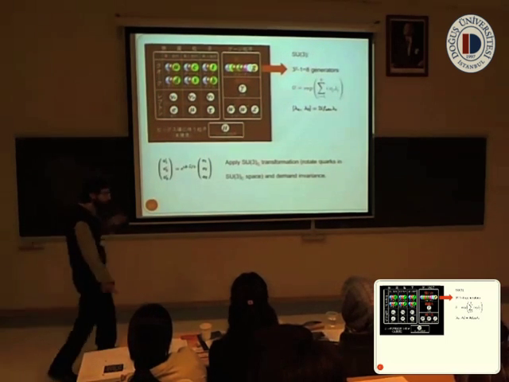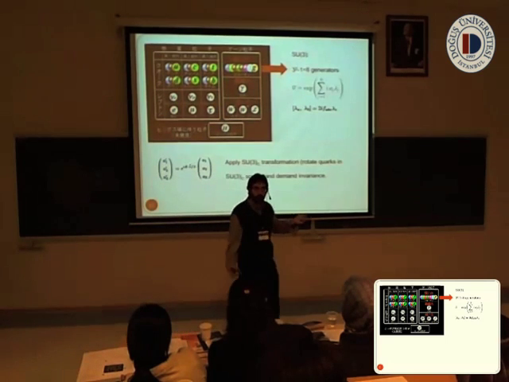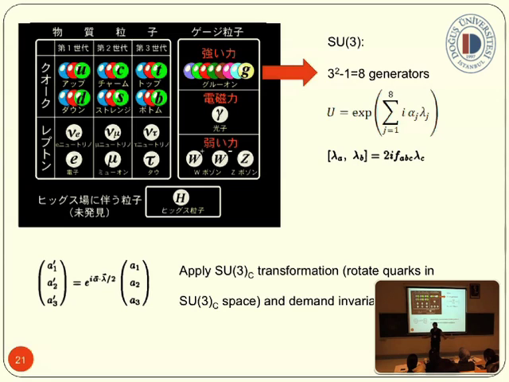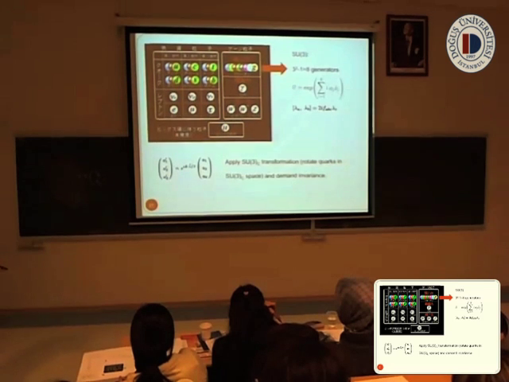I didn't talk about SU(3) gauge symmetry, but it's exactly the same as SU(2). You have objects like quarks, which are charged, have color charge. Then you demand gauge invariance. You rotate the quarks in the color space and demand your theory to be invariant, and you get interaction terms.